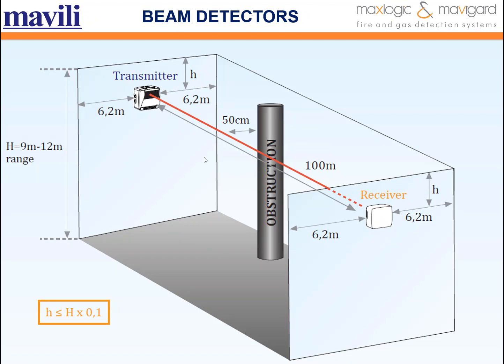When any object cuts off the beam, like a forklift, stairs, etc., the device gives a fault warning. The smoke density of a fire decreases the signal rate. That's why the system gives an alarm.